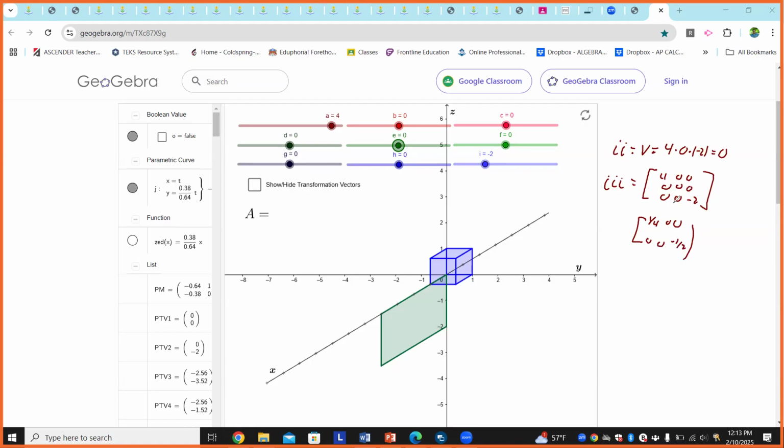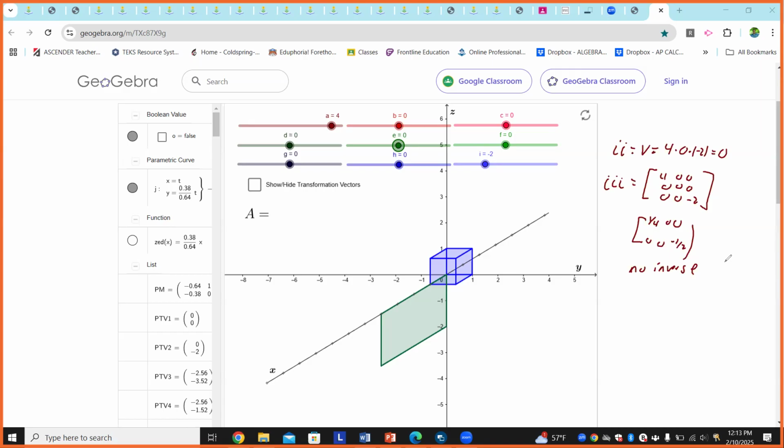But what do you have to multiply 0 by to turn it into a 1? You can't, because no matter what number you come up with, it's still going to come out to 0. So this has no inverse. There's no way to take a two-dimensional shape back to a three-dimensional. Questions?